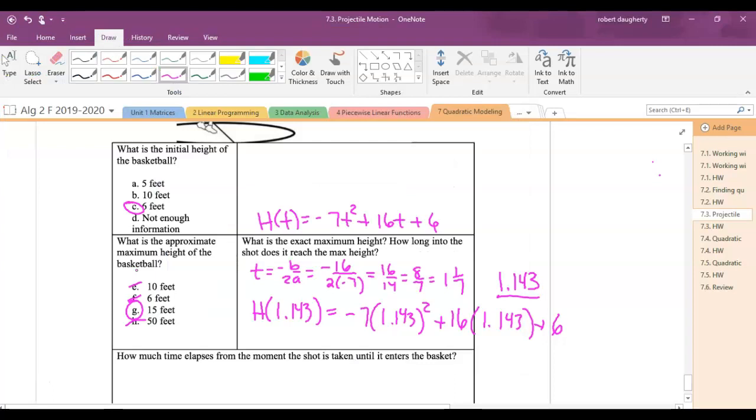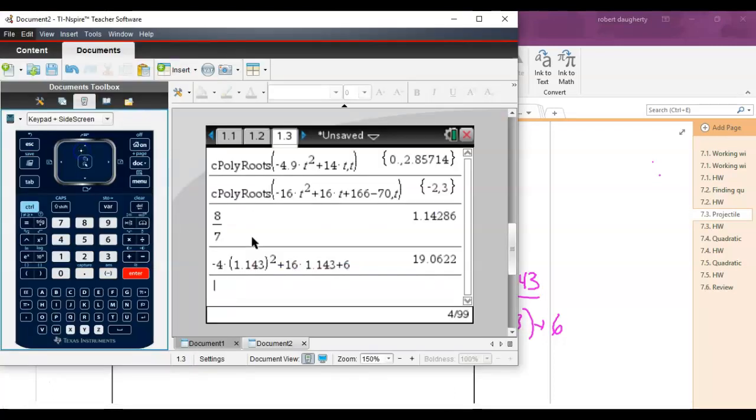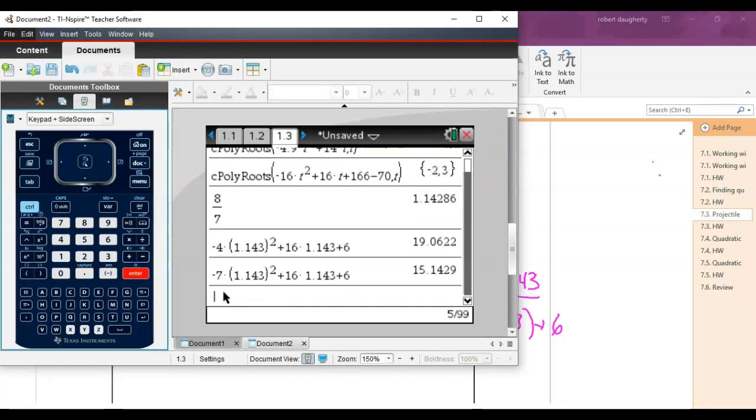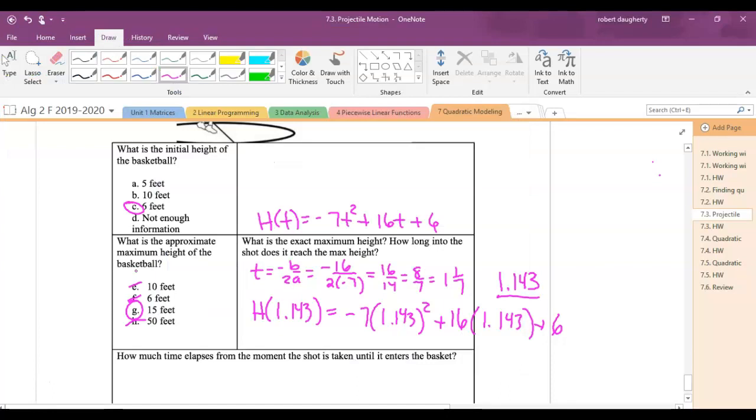Oh yeah, let me back up, sorry. So let's go back here. This was a -7. 15.15 or 15.143. So it tells me the height is 15.14 feet. Okay.